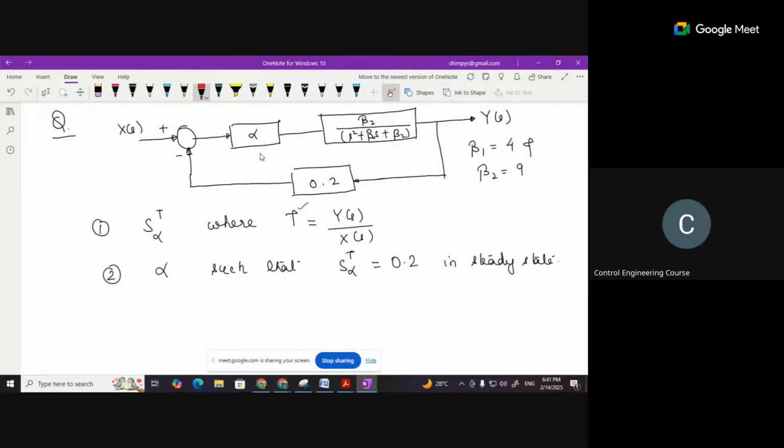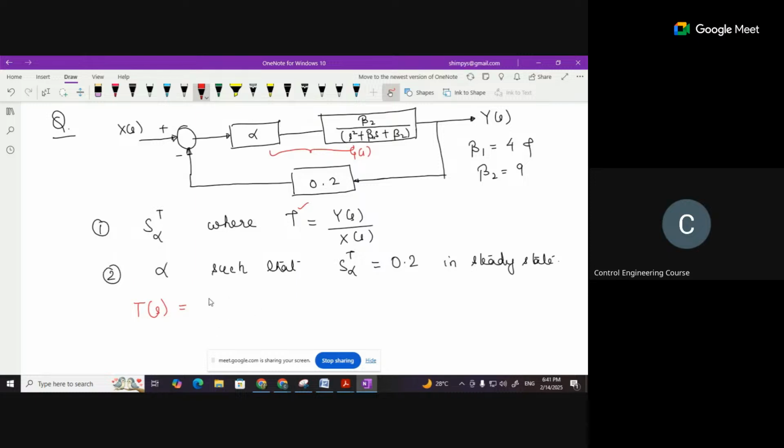This is our forward path gain. This is our feedback path gain that is given to us. So we'll start our problem by finding T of s, that is G of s upon 1 plus G of s H of s.